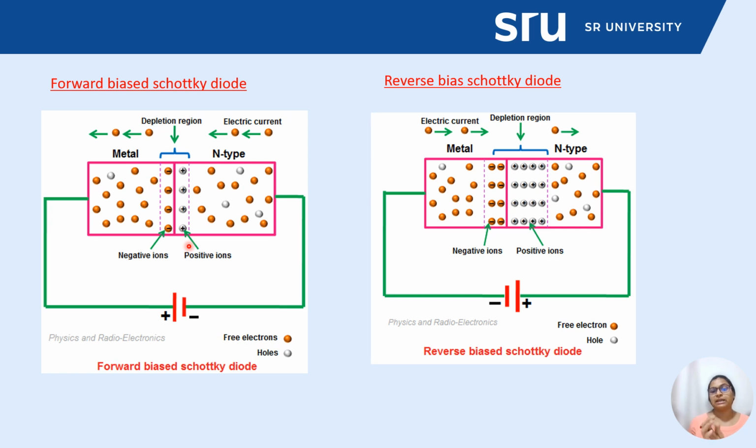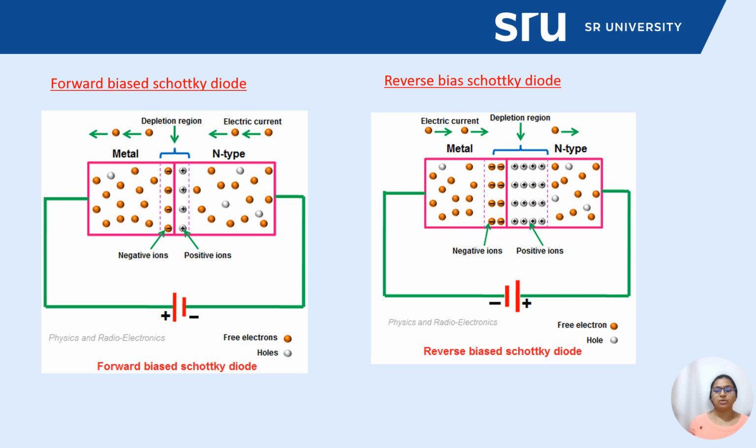However, a very small leakage current we can get due to thermally excited electrons in the metal side. And then if we further increase the applied voltage, the electric current gradually increases due to the weak barrier. And if we increase it further, a sudden rise of the electric current takes place, and this sudden rise of the electric current causes the depletion region to break or permanently damages the device.